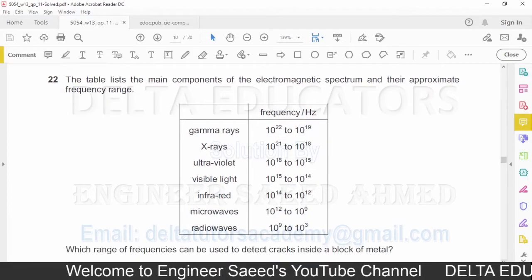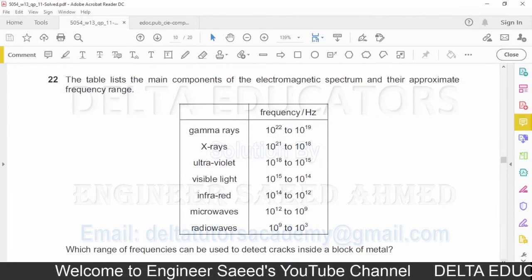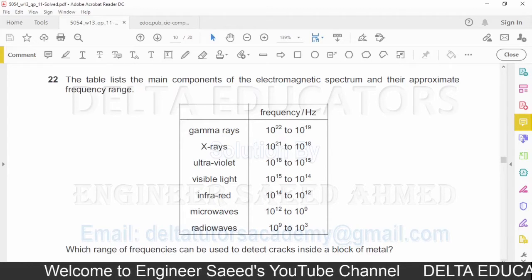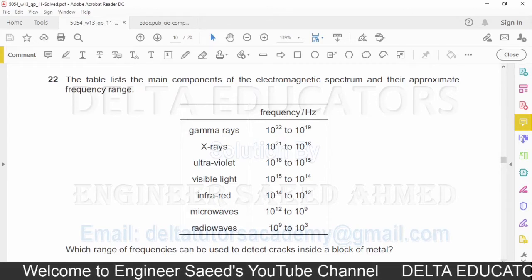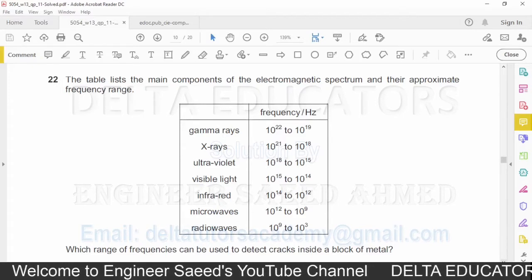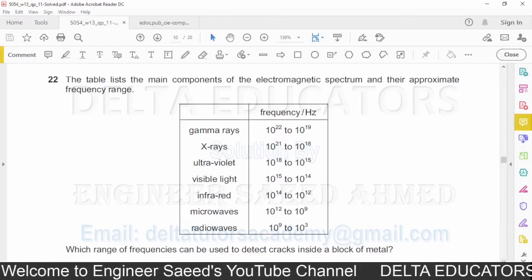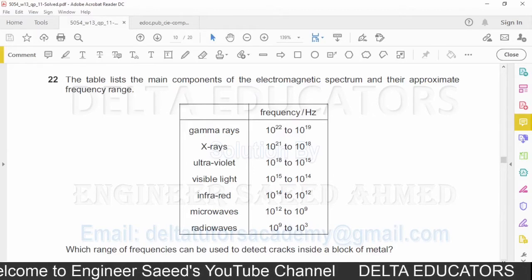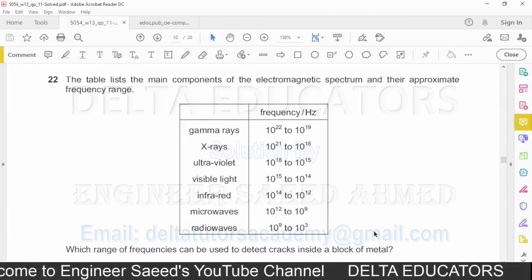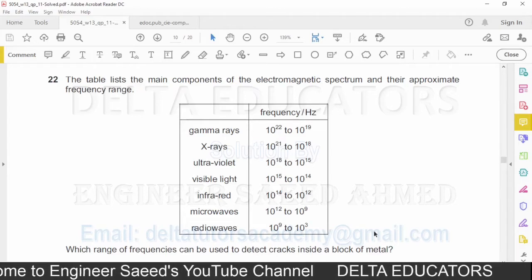Question number 22. The table lists the main components of the electromagnetic spectrum and their approximate frequency range. Which range of frequencies can be used to detect cracks inside a block of metal? To find out the cracks inside a block of metal, we have to use very high frequency.